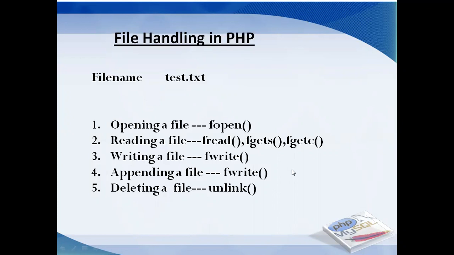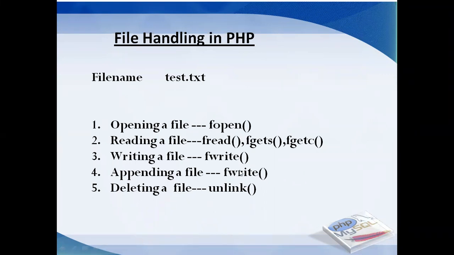In the second unit we already saw the function types, like built-in functions and user-defined functions, right? These all are built-in functions, which are already available in PHP. Whenever you require these functions, you can directly use them in your program.